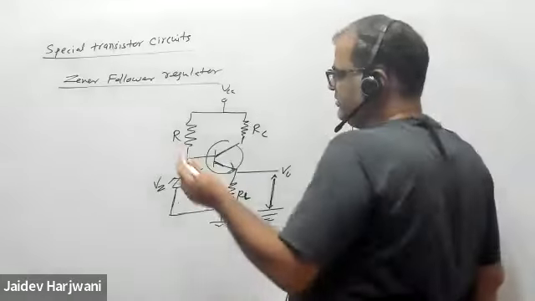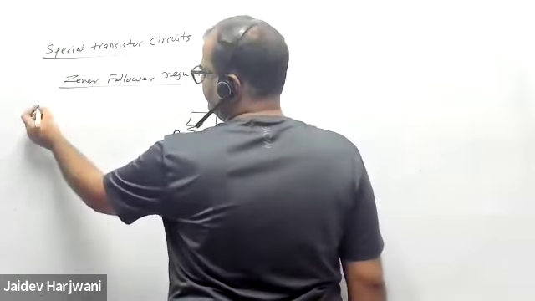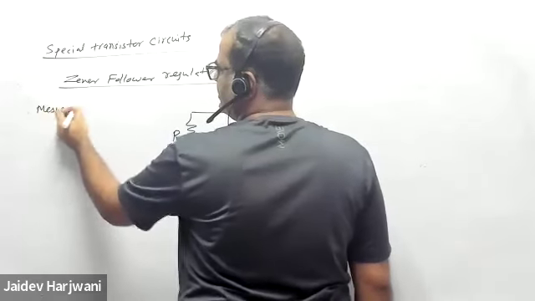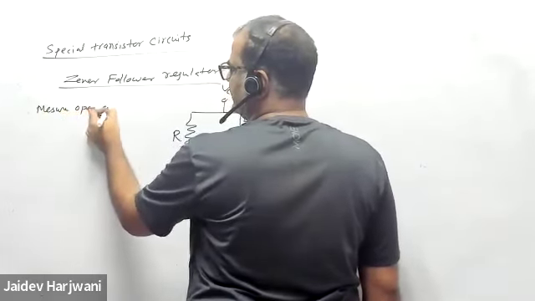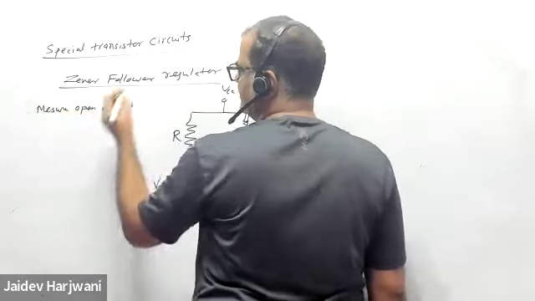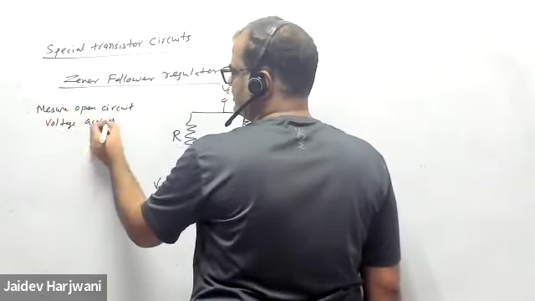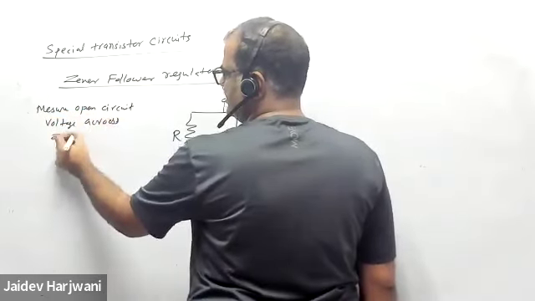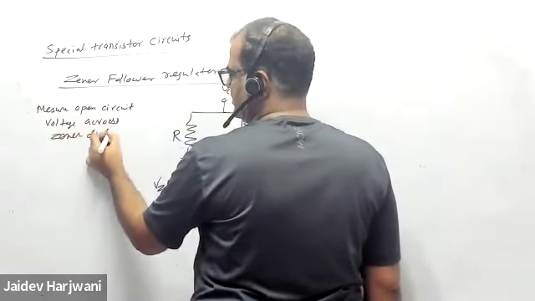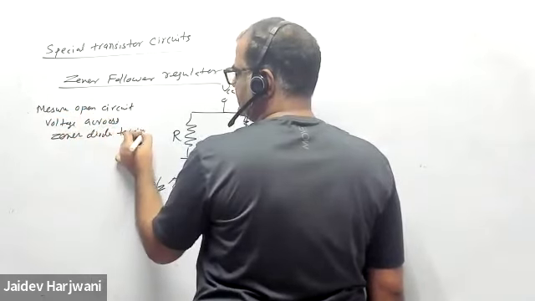So now, first thing, measure the open circuit voltage across the Zener diode terminals.